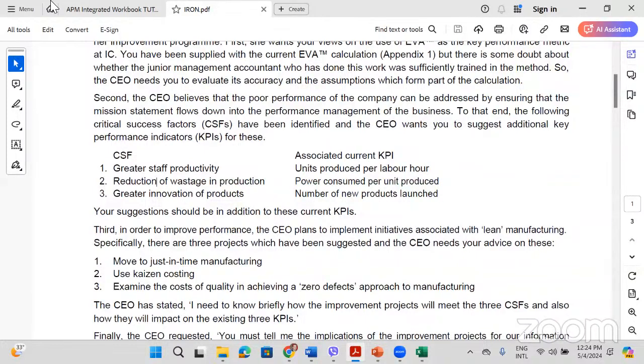So you say obsolescence? Right? Obsolescence will measure the wastage.